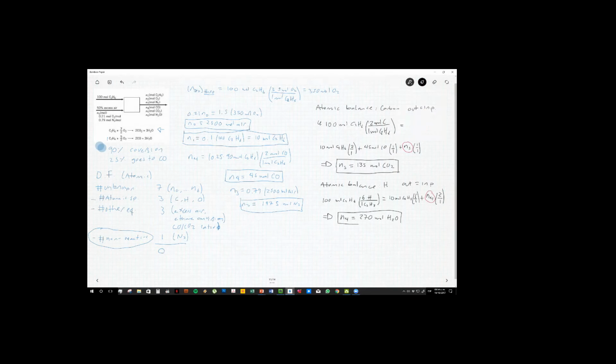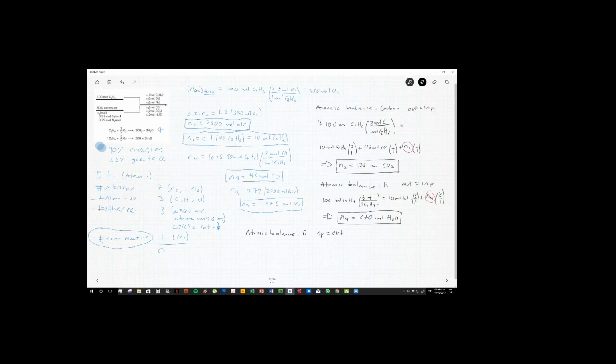And the only part that we're missing is the oxygen at the end. So we do an atomic balance for oxygen. Again, input is equal to output.